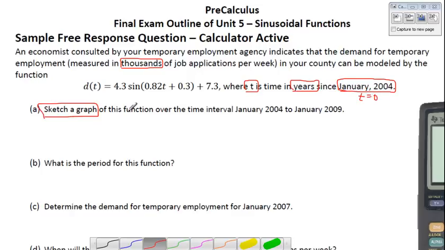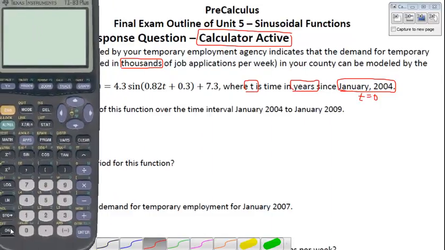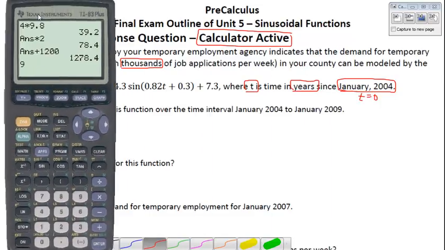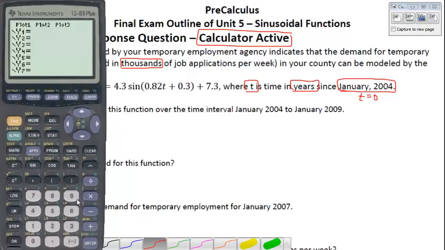Sketch a graph of the function over the time interval from January 2004 to January 2009. So this is a 5-year interval. It is calculator active, so I'm going to go ahead and just graph this. 4.3 sine of 0.82 x plus 0.3, plus 7.3.